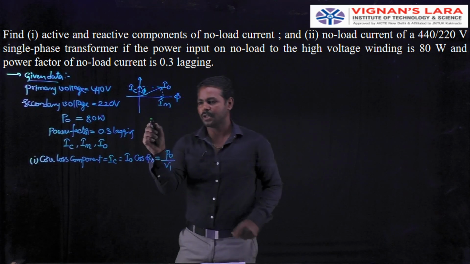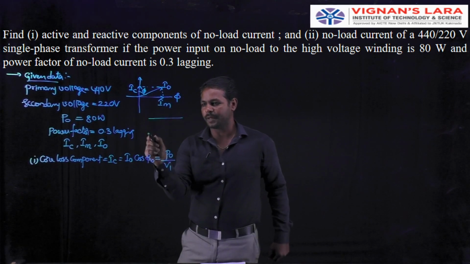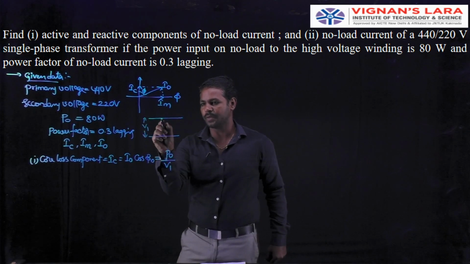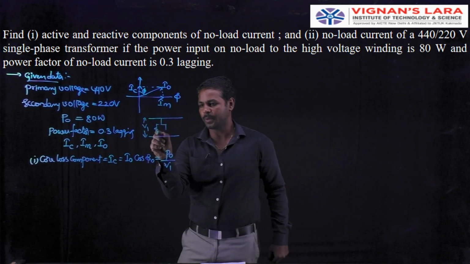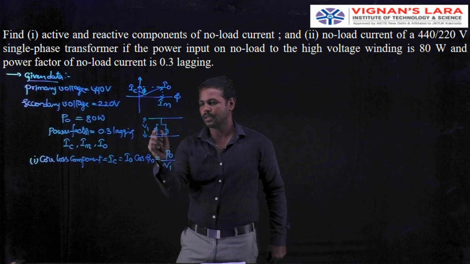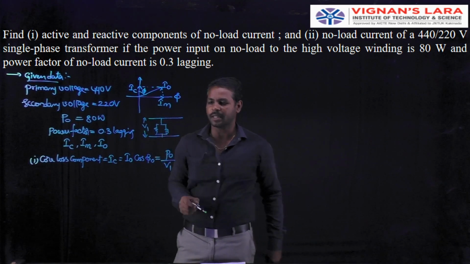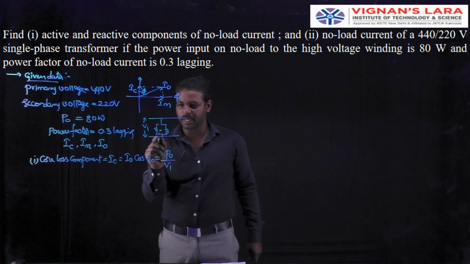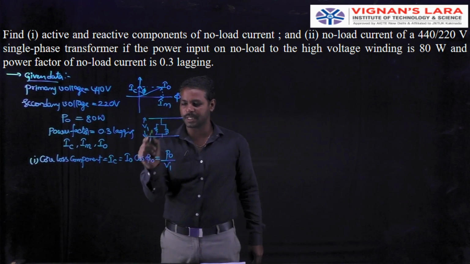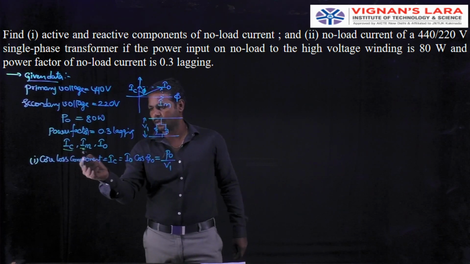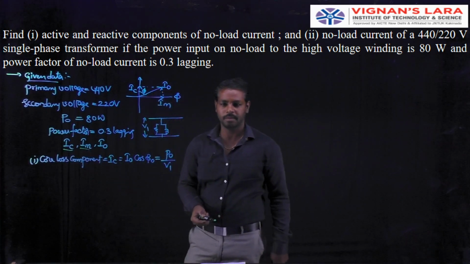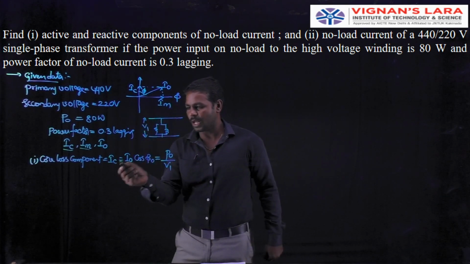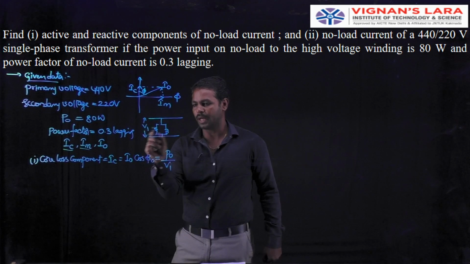Why are we drawing this type of equations? Because we already know the equivalent circuit of a transformer. Whatever voltage is given to the primary is V1, which operates on two components, one resistive and another reactive. The losses existing in these two components are represented by the core loss component and the magnetizing component. The voltage across the core loss component is V1.